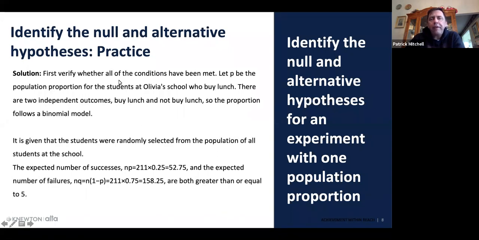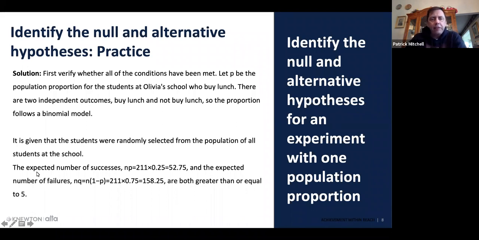So first we'll verify whether all the conditions have been met. Let P equal the population proportion for the students at Olivia's school who buy lunch. There are two independent outcomes. Either they buy lunch or they don't buy lunch. So the proportion follows a binomial model. It is given that the students were randomly selected from the population of all students at the school. So that was the second requirement.